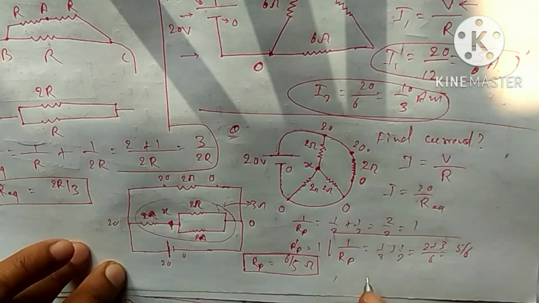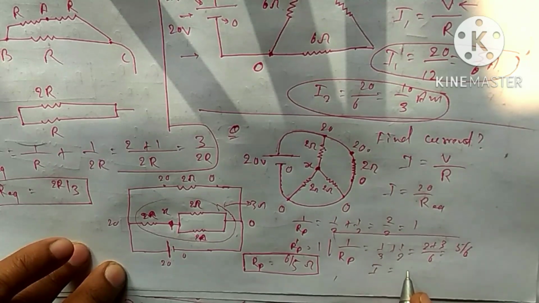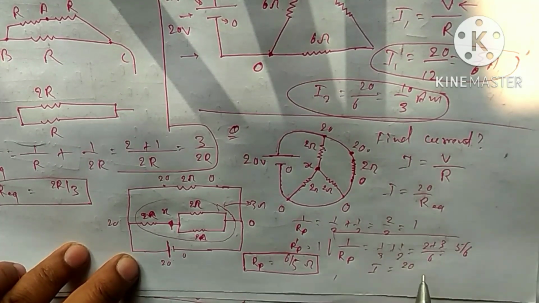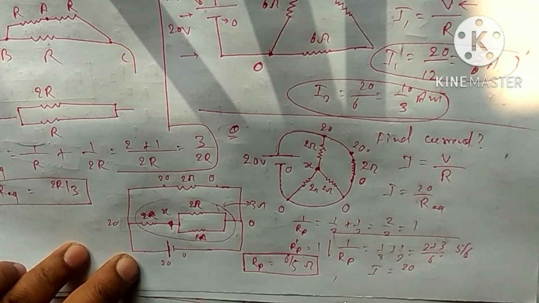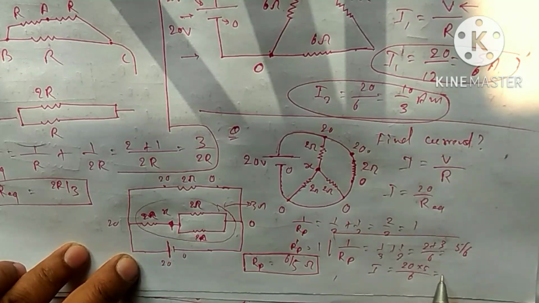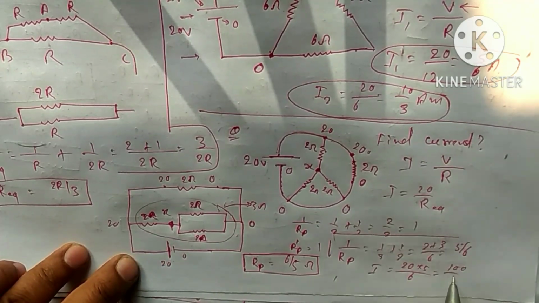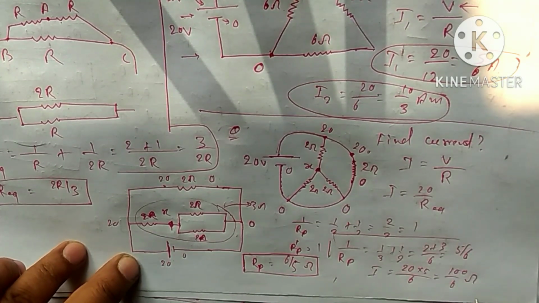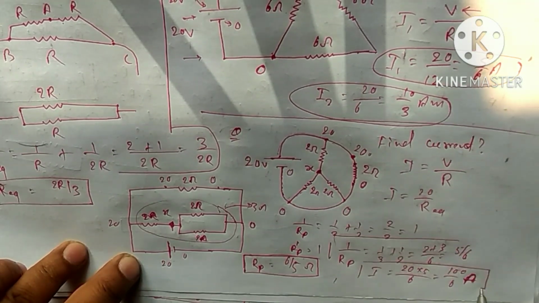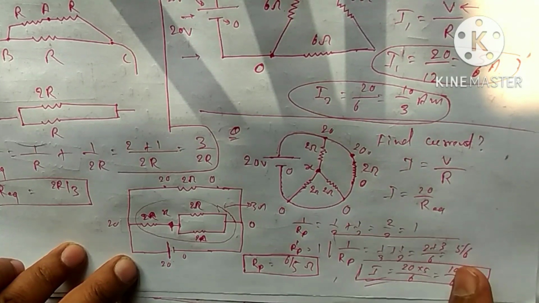So we can simply find I is equal to V by R. V means 20 volt, and R is 6 by 5, that means 20 times 5 divided by 6, which is 100 by 6 ampere. That is the entire current flowing from this circuit.